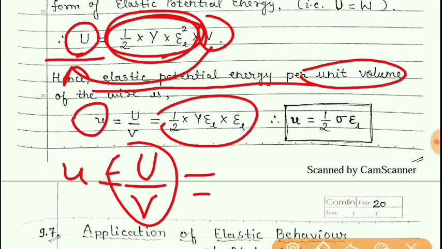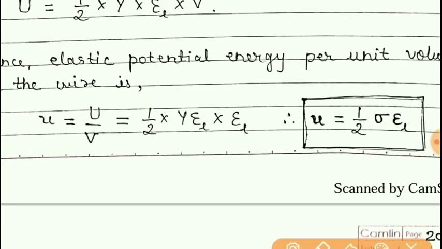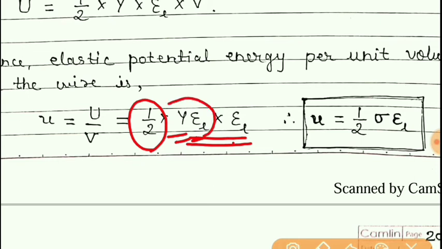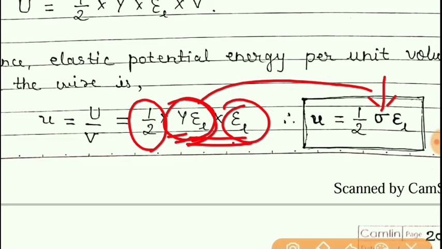So what is remained here? Half of Y into epsilon square. Here I have written this term in this way, half of Y and epsilon square, but I have written this separately. It is because now Young modulus into epsilon is nothing but stress, and this is strain. So we can write this as half of stress into strain.